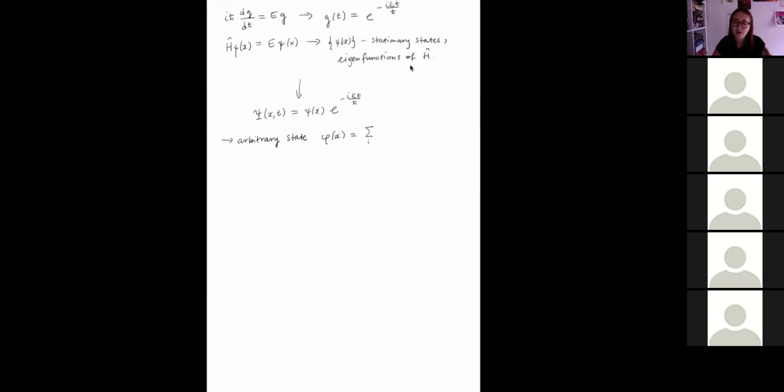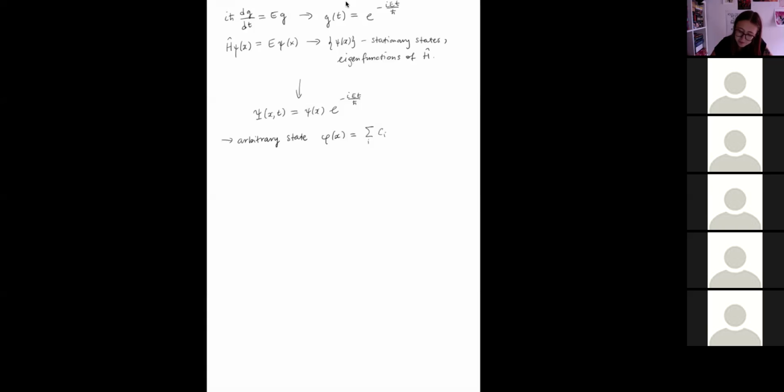So the eigenvectors of a Hamiltonian, or of any Hermitian operator, form a basis in Hilbert space. And thus we can just take our state at time 0 and decompose it in terms of the eigenfunctions of the Hamiltonian, with some coefficients.